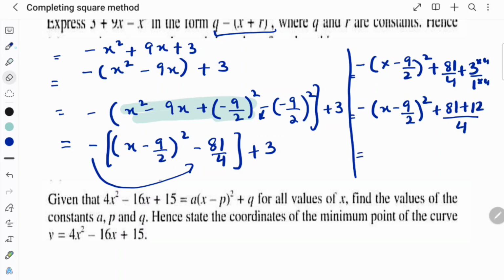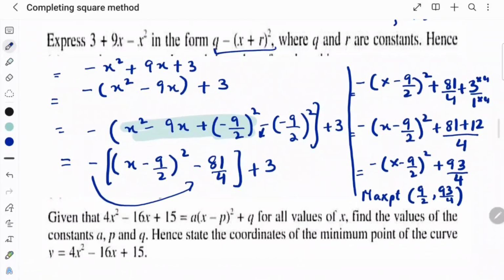Now completing this question in this form: −(x − 9/2)² + 93/4, since 81 plus 12 is 93 over 4. So in this question, your maximum point will be (9/2, 93/4). You can write in the mixed number also, but they were asking you to write the question in this form, with q and r constants.